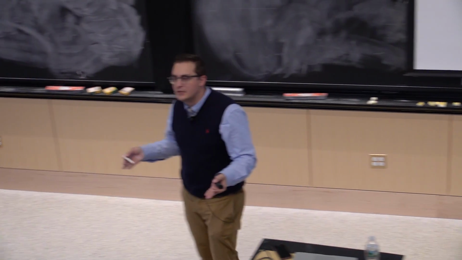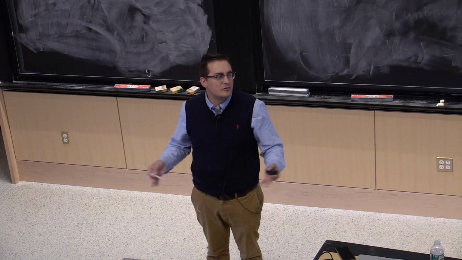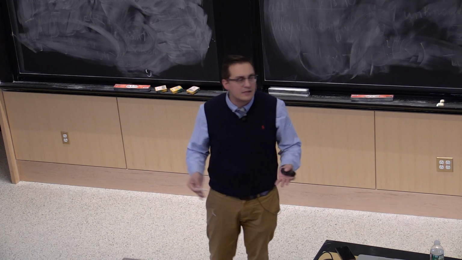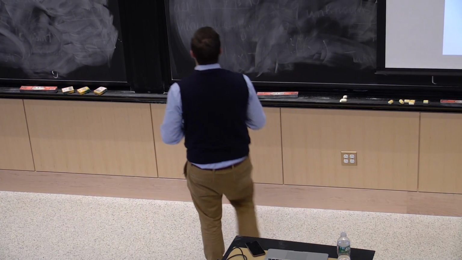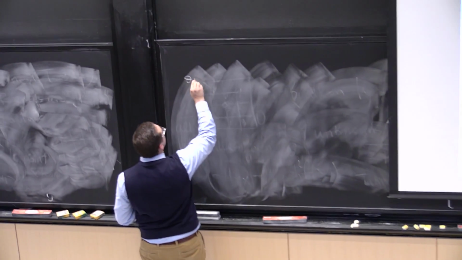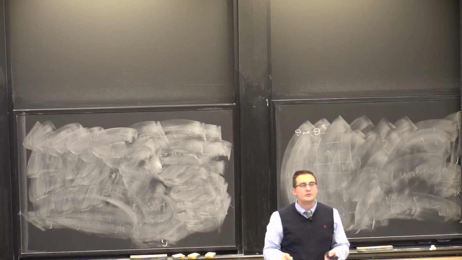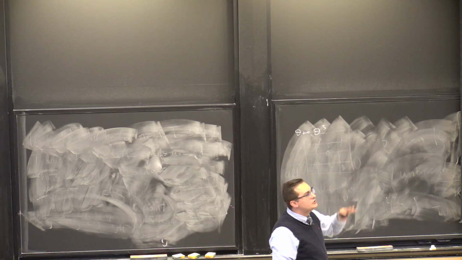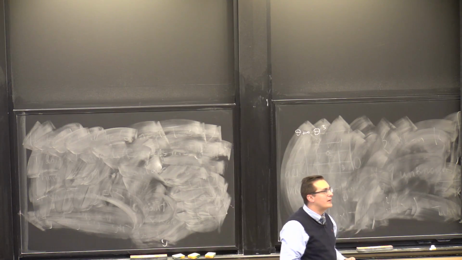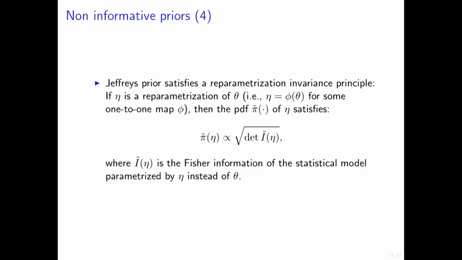Think, for example, of theta as being the mean of a Gaussian, and phi of theta as being this mean to the cube. This is a one-to-one map phi. If I want to go from theta to theta cubed, and now I decide that this is the actual parameter that I want, then on this parameter, my original prior is going to induce another prior.